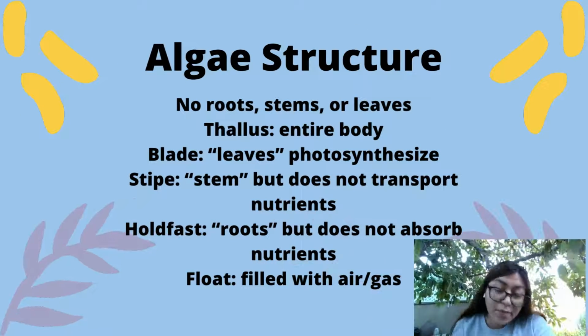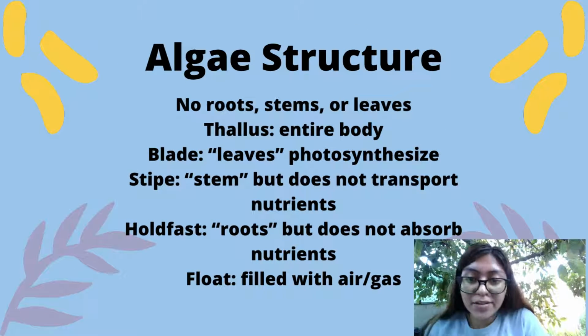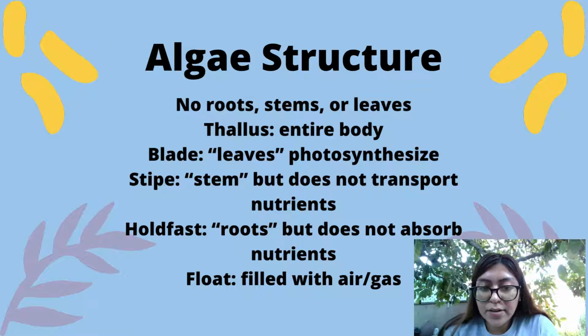Now here we will be discussing the algae structure. The algae has no roots, no stems, neither leaves. The thallus is considered to be the whole entire body. That's what it's called, a thallus. The blade, which is the leaves, would be considered the part that photosynthesizes. The stipe is considered the stem, but does not transport any nutrients.